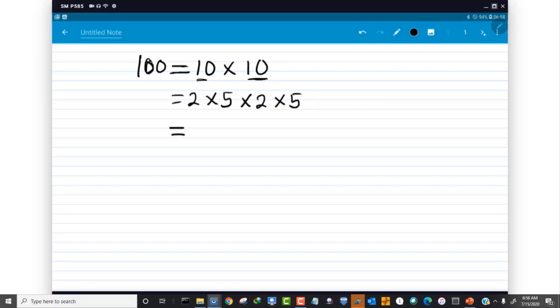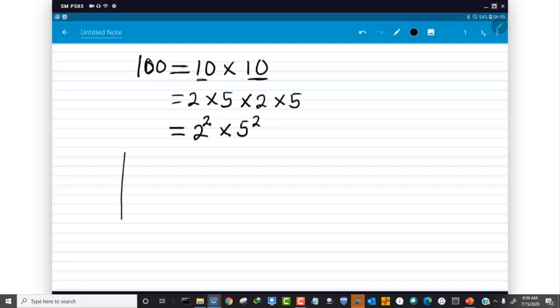This gives us 2 raised to power 2 times 5 raised to power 2. So here we've been able to express 100 as the product of the prime factors. All these numbers, 2 and 5, are factors of 100 and they are prime numbers, so they are prime factors of 100.